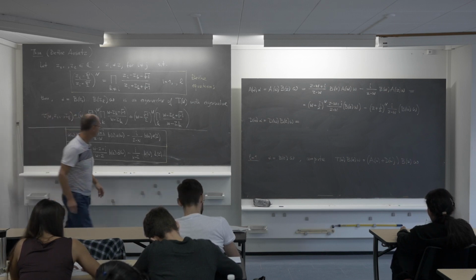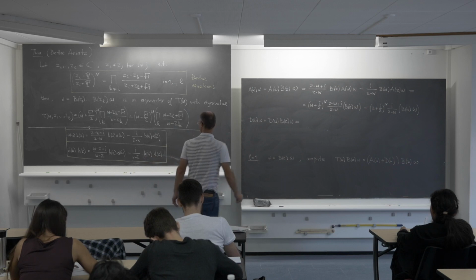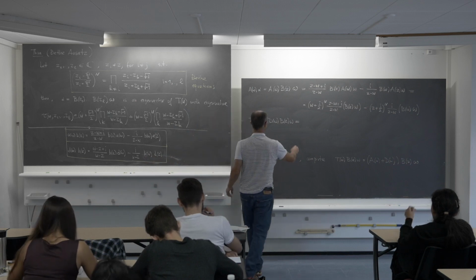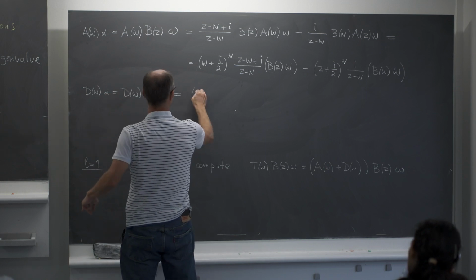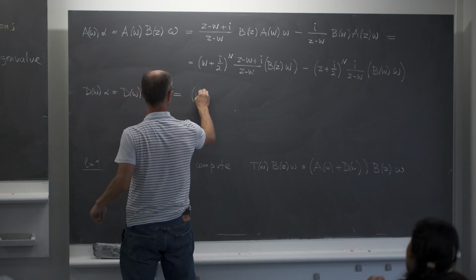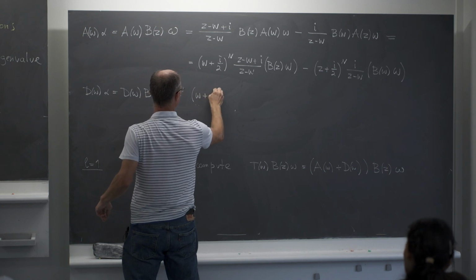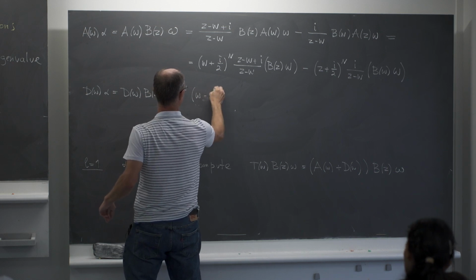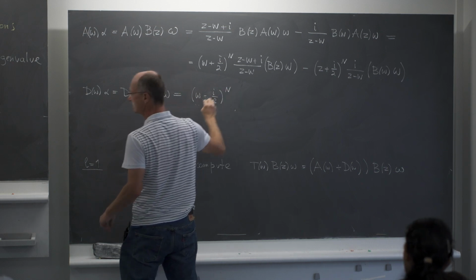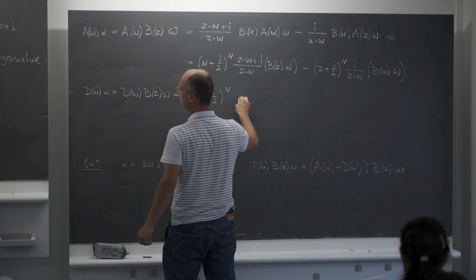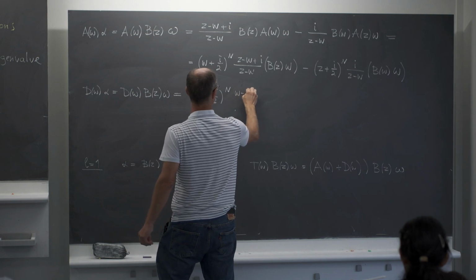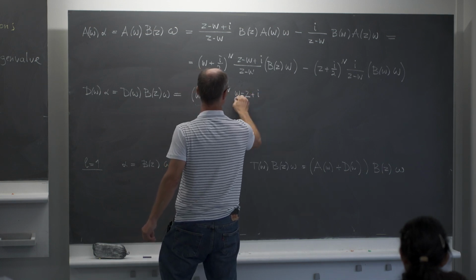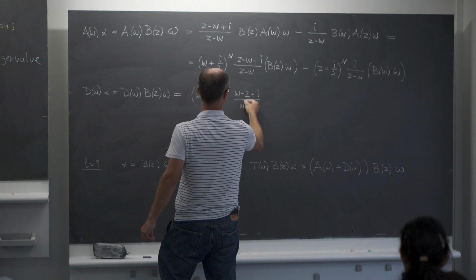No, let me still do, can we write the answer? Probably. At least we can try. So I'm trying to copy the other formula. So I should be getting w minus I over 2 to the n, now w minus z plus I over w minus z.